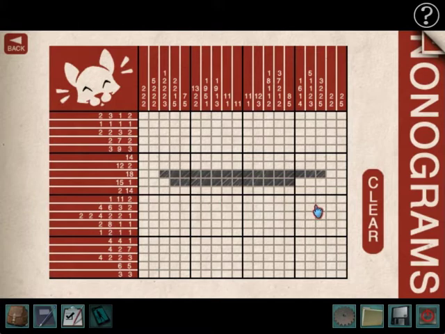2 and 14. Let's see here. 14. So that's the maximum value. We really can't make any judgments about the 2, but the 14 maybe. So that's probably going to be a common denominator thing, starting from here. Column 7.